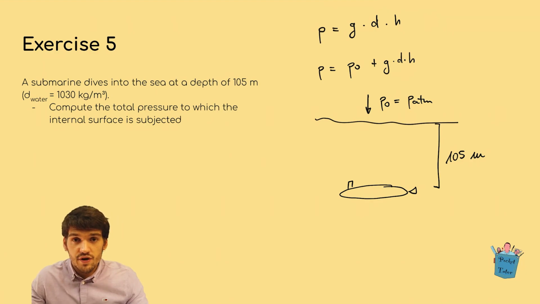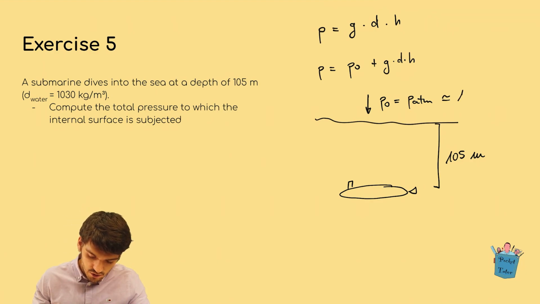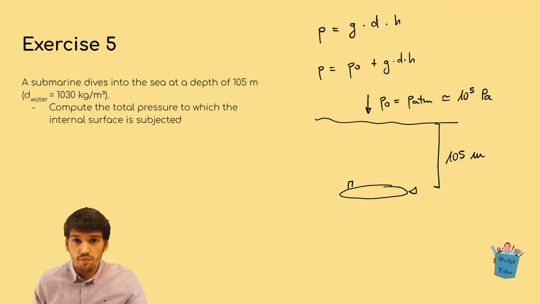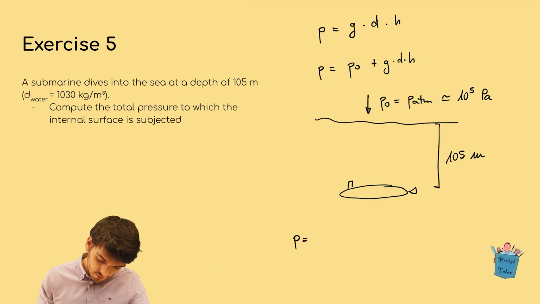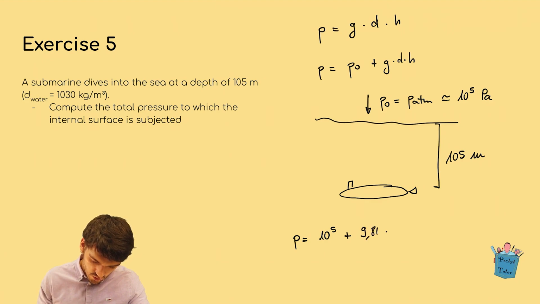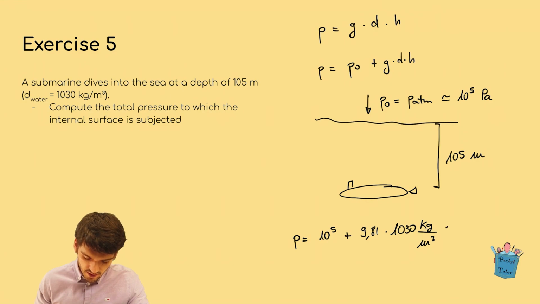The atmospheric pressure is almost equal to 10 to the 5th power pascals, and the total pressure to which the submarine is subjected is given by P, that is 10 to the 5, which is P0, plus G, 9.81, times density, that is 1030 kilograms per cubic meter, times the depth that we are considering, in this case 105 meters.